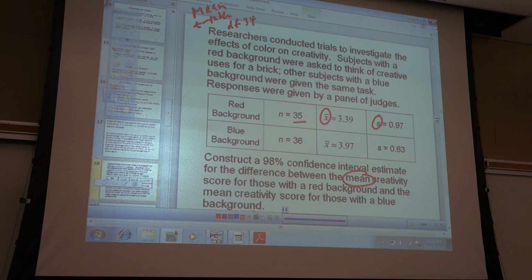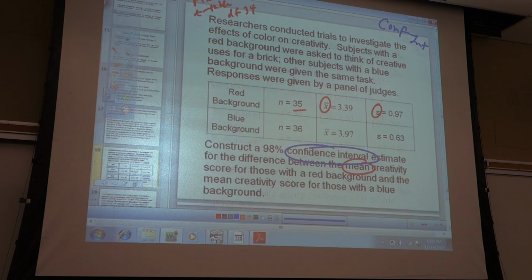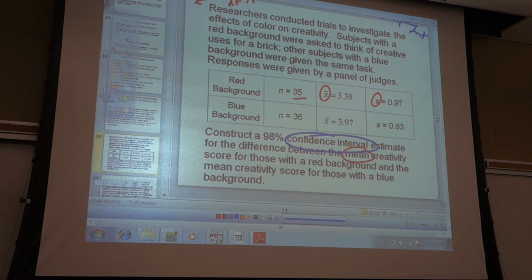Is it a confidence interval or hypothesis test? Confidence interval. How do you know? It literally says confidence interval. Good. Is it one sample or two samples? Two. Yes, this is a two sample mean. Is it independent or dependent? Independent, because I didn't give you a list of numbers that you have to subtract.